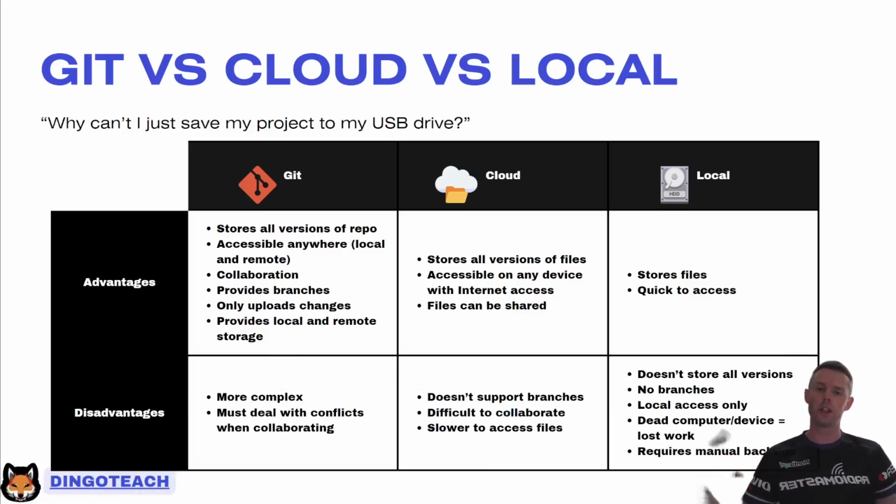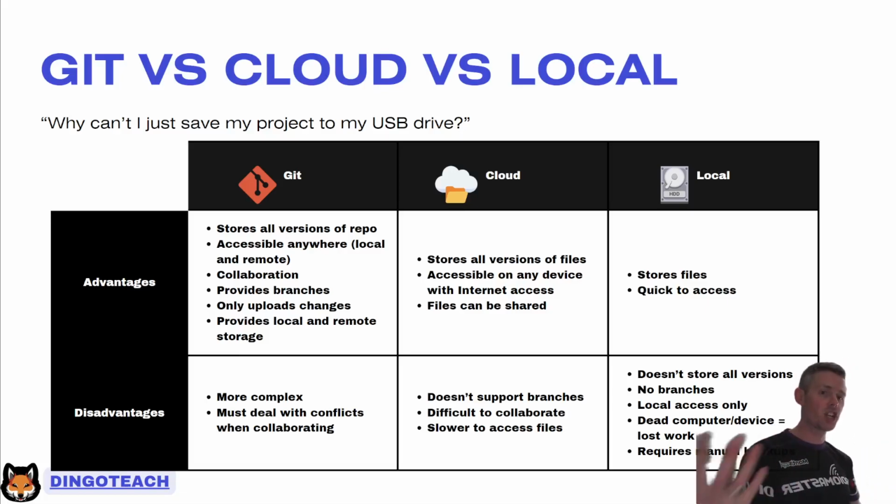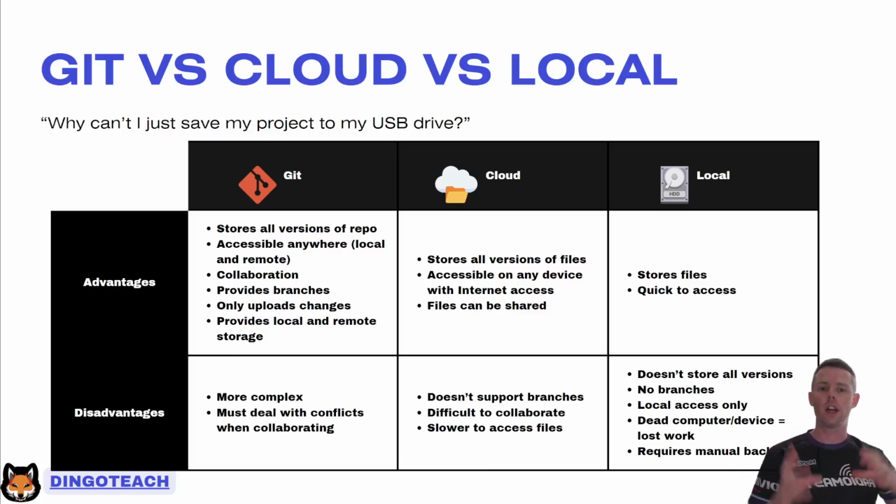If 2 coders are working on the same file and they make changes to very similar lines, the program will say there are conflicts in this file and I will not commit or upload or merge these changes, they're called, sorry, until you deal with the conflicts. Whatever. That's something you have to deal with.